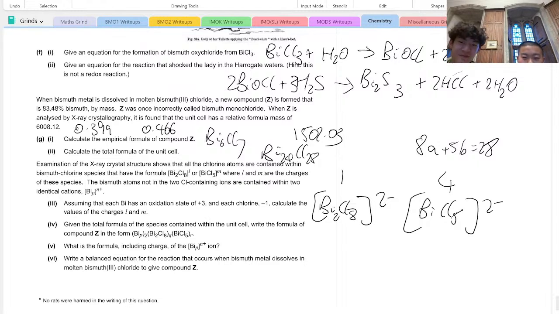That's 1 of Bi2Cl8, 4 of BiCl5. Okay, so it's just 1 and 4. So there's gonna be 18, 2 minus and 2 minus.